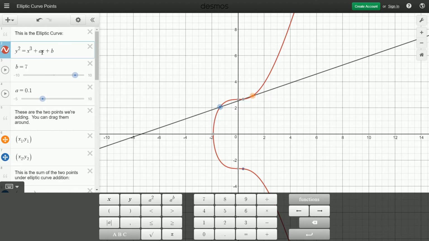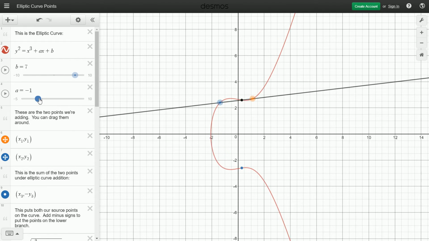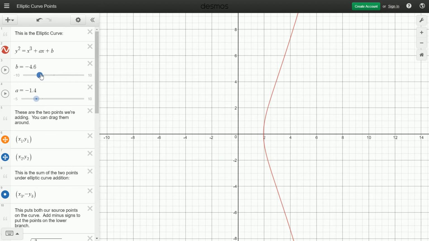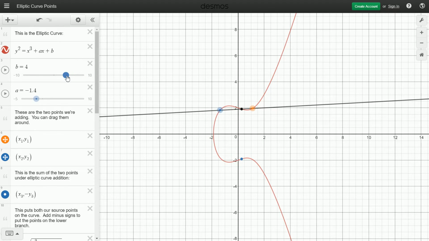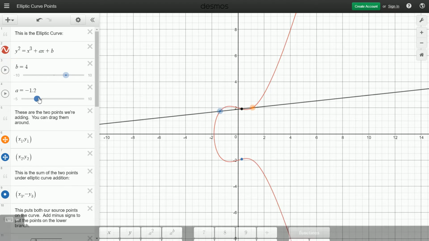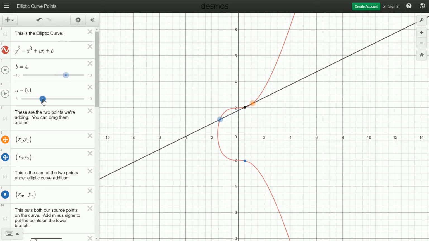By changing the a and b variables, which I can do by sliding these back and forth, you can see the curves. The red curve is the elliptic curve itself. It changes a bit. In fact, a common curve is where a is 0, so I'll bring that to 0.